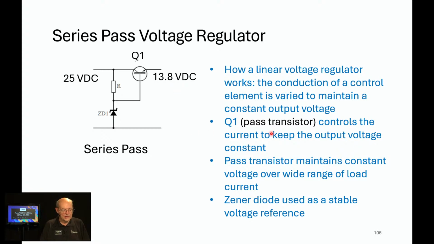So Q1, also called a pass transistor, controls the current to keep the voltage output constant. Pass transistor maintains constant voltage over a wide range of load current. And the Zener diode is used as a voltage reference to compare that output with and turn the transistor on more or less. Notice they got a whole mess of pool questions out of this one circuit.